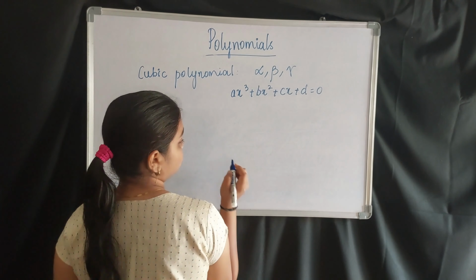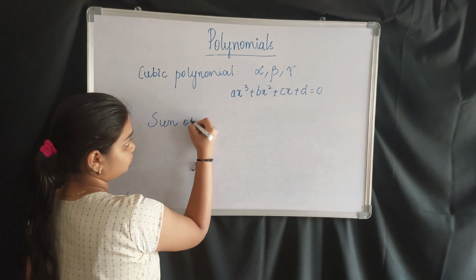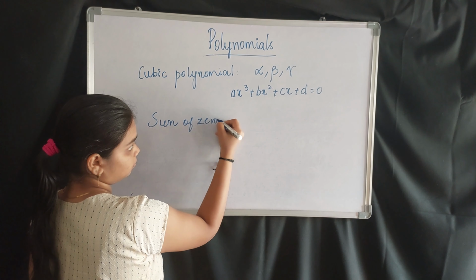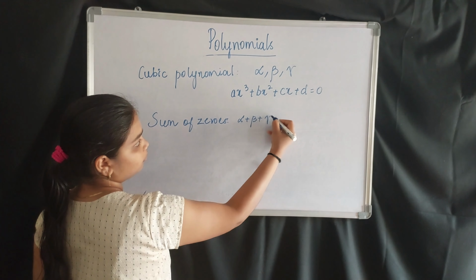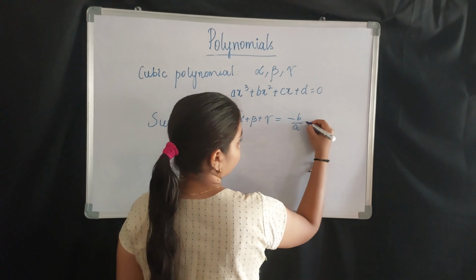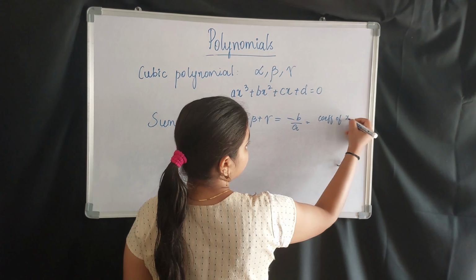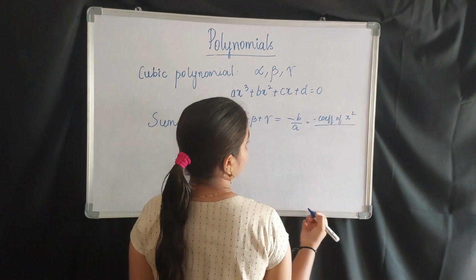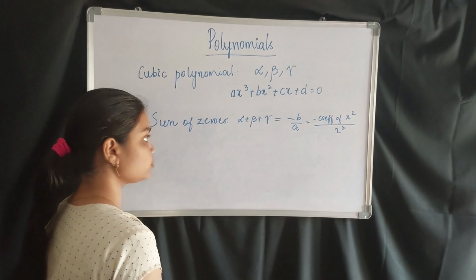Okay, so first what we would see is sum of zeros. Alpha plus beta plus gamma would be minus b by a. That is minus coefficient of x square by coefficient of x cube.